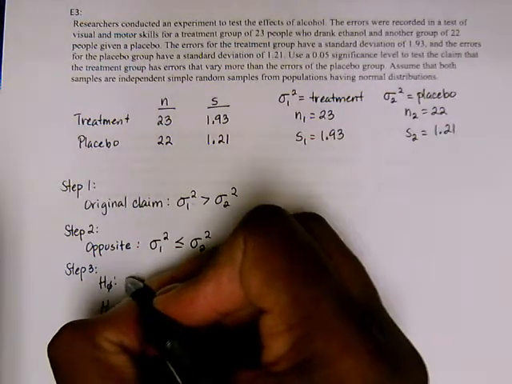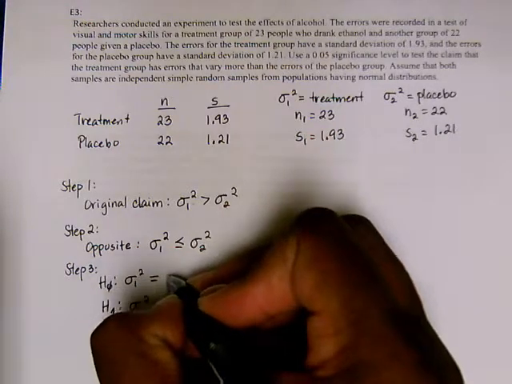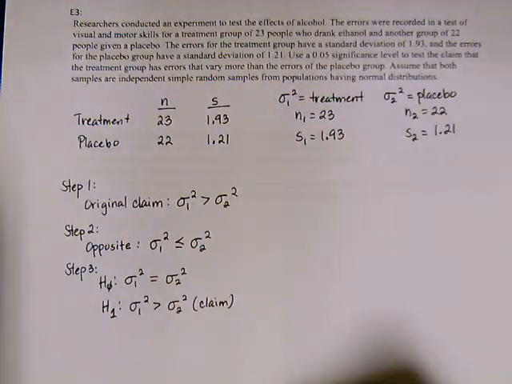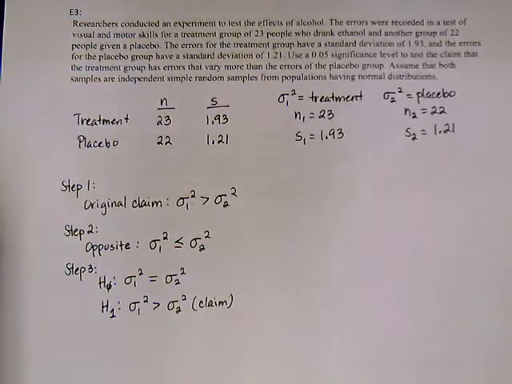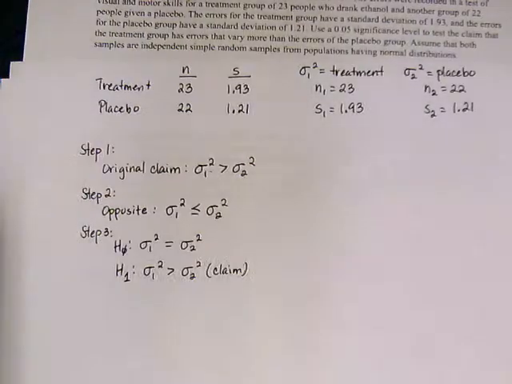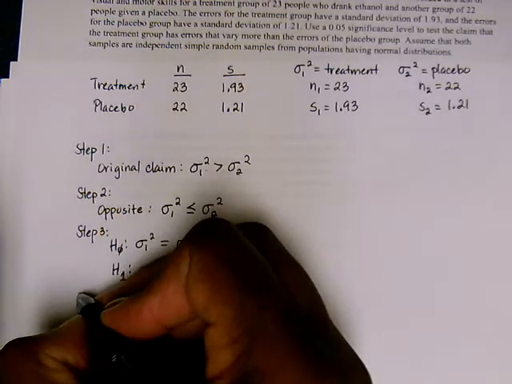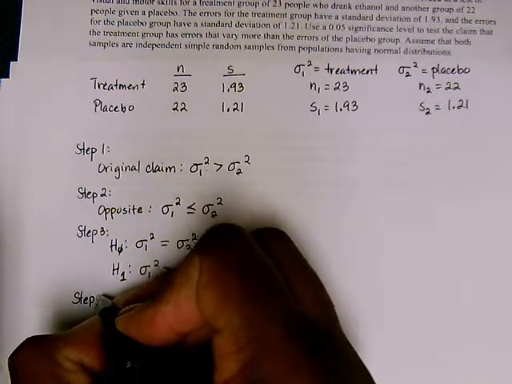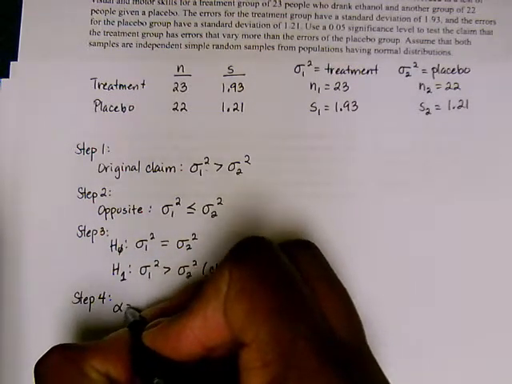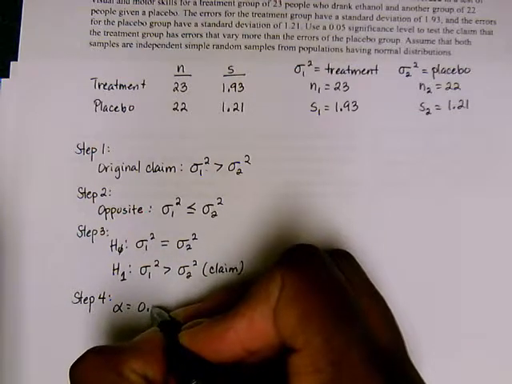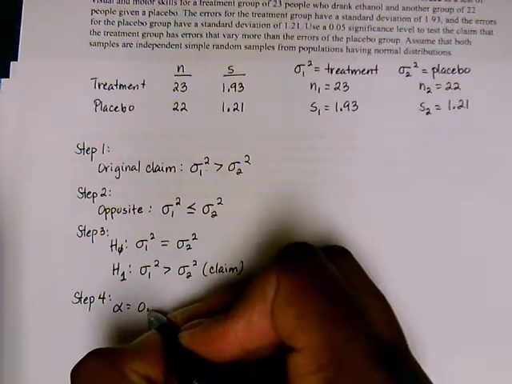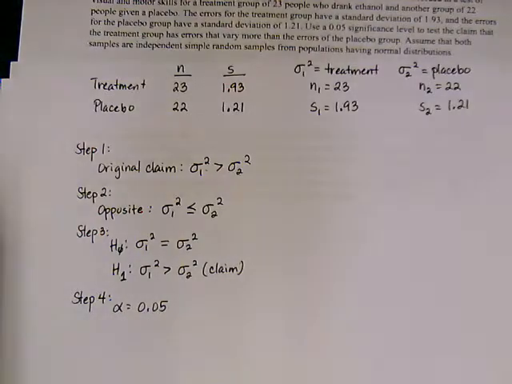And the null will be your sigma 1 squared equal sigma 2 squared. And now step number 4 is the level of significance. So here your alpha level. You were told to use a 0.05 significance level, so your alpha level will be 0.05.